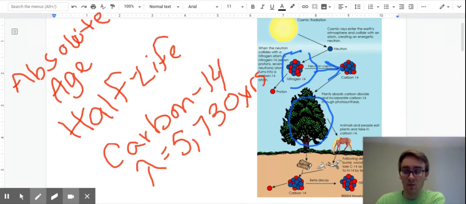Either way, we are getting carbon-14 into our diets, and it's replacing the ones that are slowly decaying into nitrogen-14 in our body. So we have a pretty good stockpile of carbon-14 in our bodies.